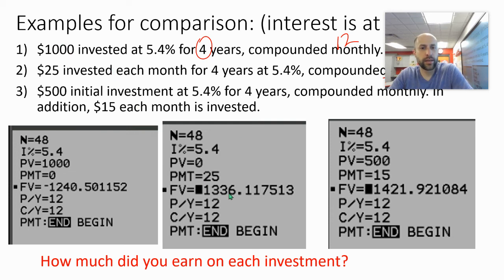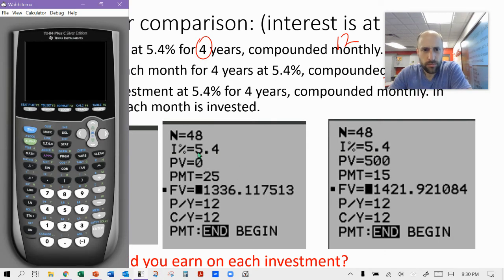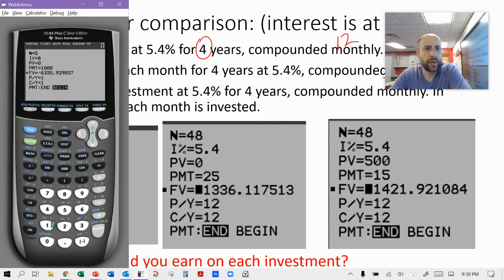For the second plan, let's take a moment here and think about what we actually earned. For 48 months, we didn't have any initial investment. There was no initial amount, but for 48 months, we deposited $25. So let's take 48 times 25.